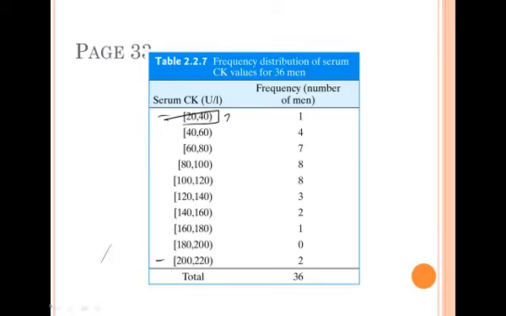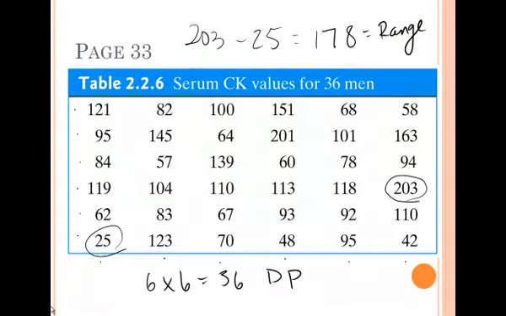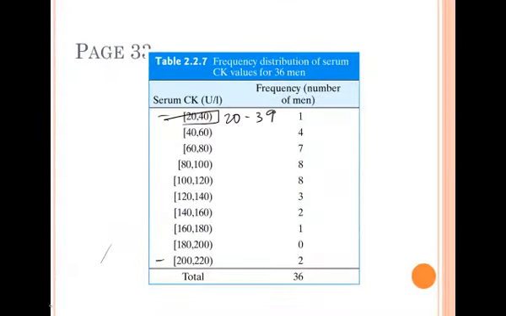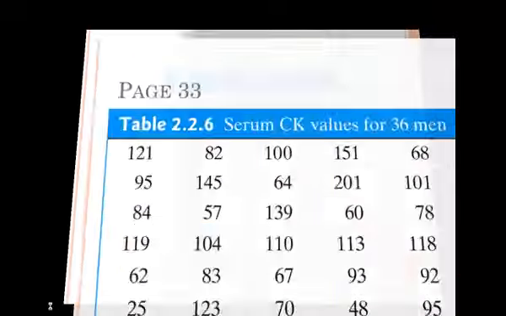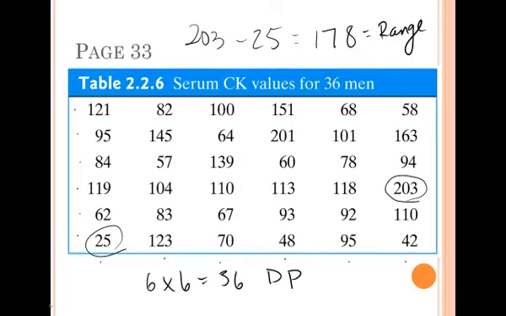So technically we're talking about 20 to 39. So this is serum CK levels in men. So these serum levels, basically 20 to 39, we had one man that fit that description. So that was the 25 that we had referred to earlier. That was the one man that fit that description.